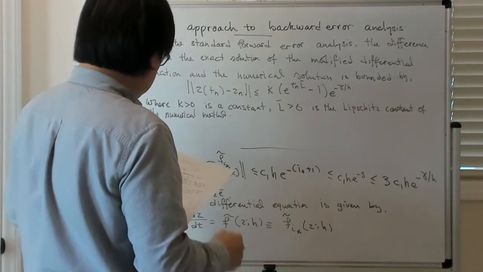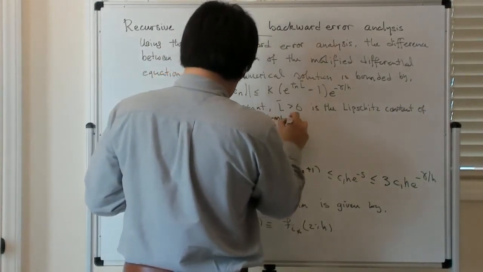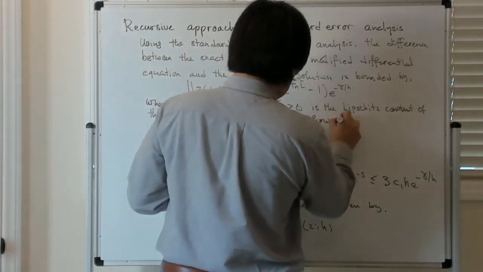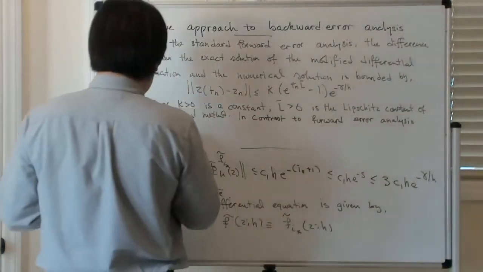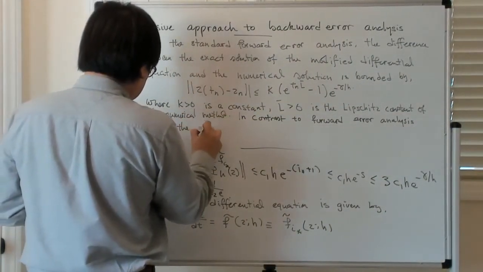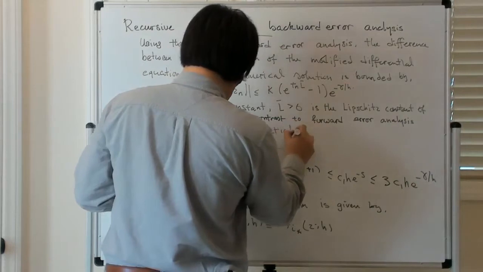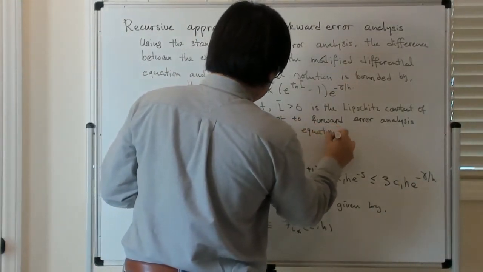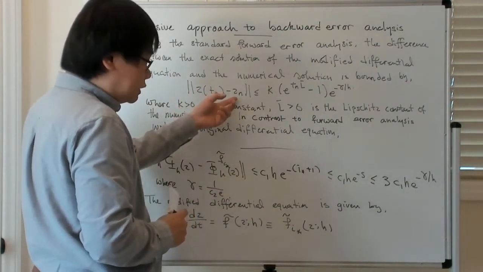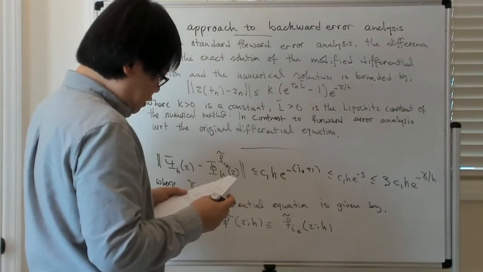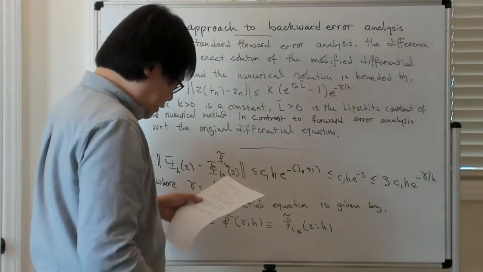All right, so in contrast to forward error analysis with respect to the original differential equation, the error between the exact solution of this optimally truncated modified vector field and the symplectic integrator has errors which are exponentially small over periods which are in some sense exponentially large.